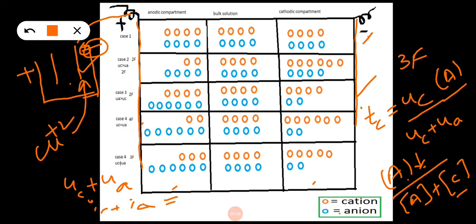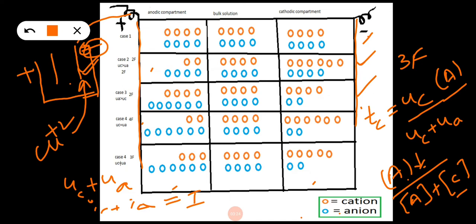Current carried by cation plus current carried by anion is equal to the total current. Total current is equal to the total Faraday passed, which is equal to the total amount of copper deposited here, or the total amount of anion deposited here, or the total amount of cation deposited here.